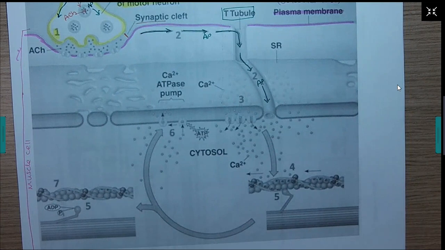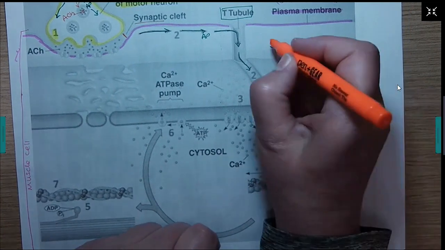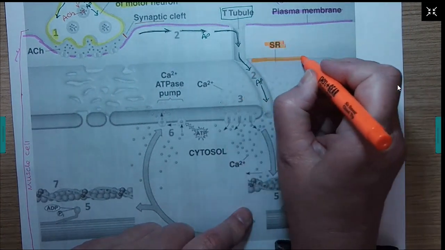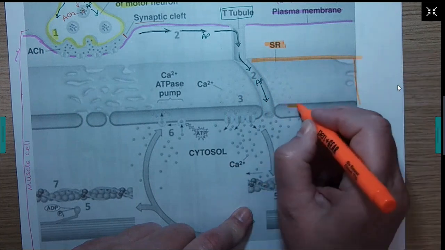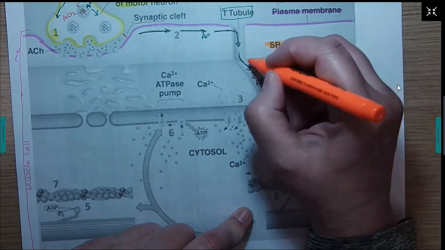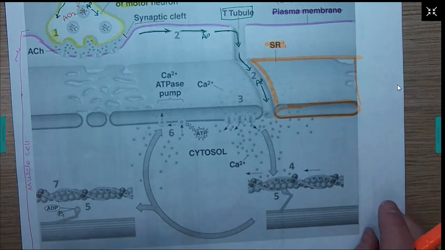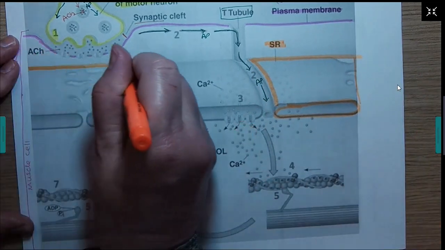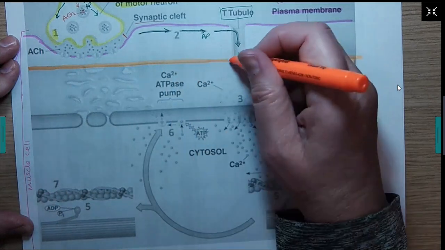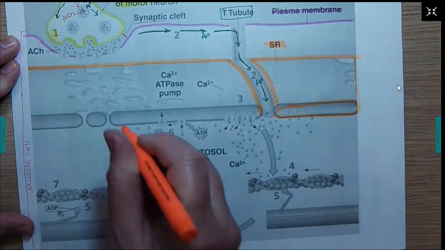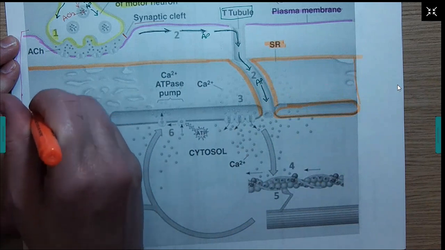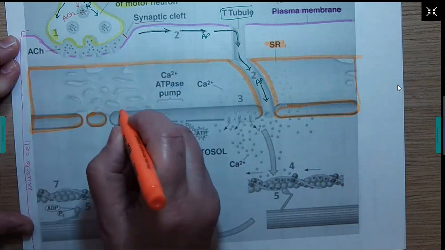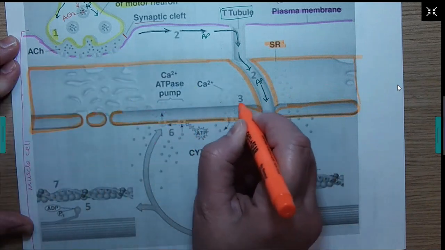You've got your sarcoplasmic reticulum right here. So this is your sarcoplasmic reticulum. It looks kind of different, so it's hard to see. I'm highlighting it here so you can tell where that organelle is. It's hard to see in a black and white picture, so that's why I'm doing it this way.